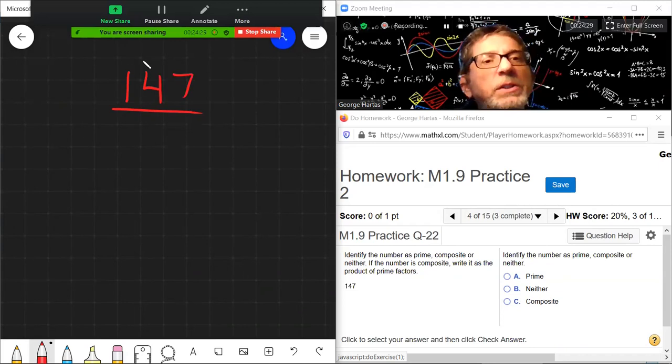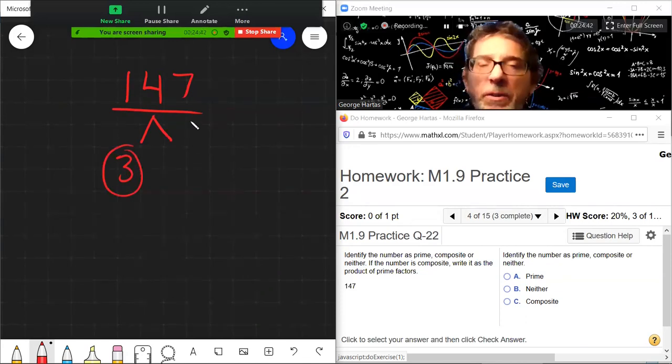So let's add these. 1 and 4 is 5. 5 and 7 is 12. Aha. So 3 times something is 147 because of the divisibility rule, right? 12 is divisible by 3, so 3 goes into 147. Now, quick and dirty, nothing fancy.